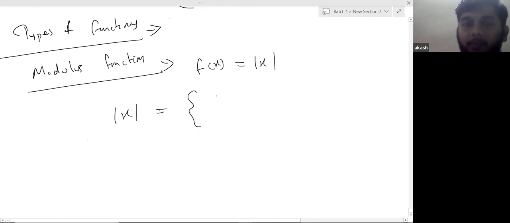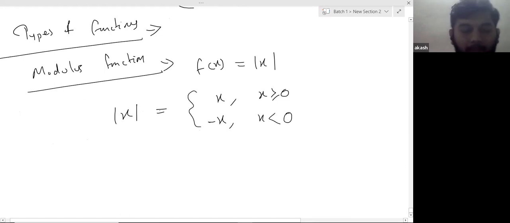This is equals to x when x is positive, minus x when x is negative. Write this down, then I'll explain. All right, done.